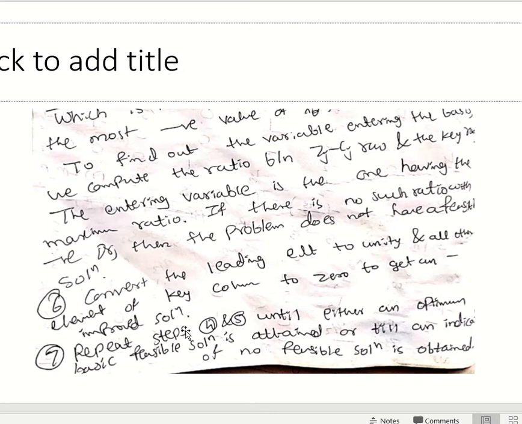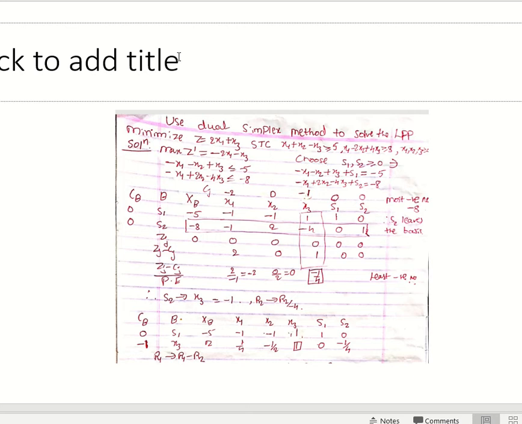Now repeat steps 4 and 5 until either an optimum basic feasible solution is attained or an indicator of no feasible solution is obtained. After solving a problem you will come to know the procedure. Now let us move to the problems one by one.